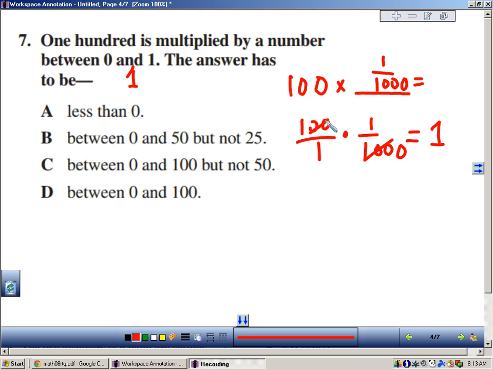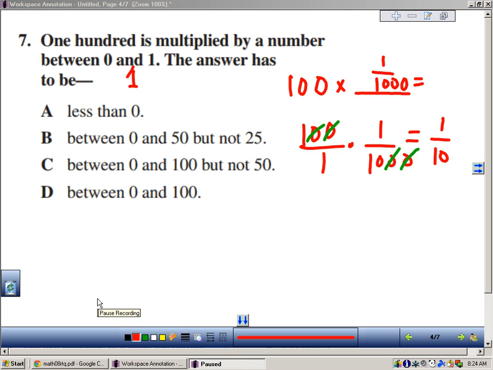We'd end up with 1 over 1,000, so cross out these zeros and we'd end up with 1 over 10. And 1 over 10 is smaller than 1. Okay? And so if I multiply by 1 over 10,000, it would be 1 over 100. And so it looks like this is getting closer and closer to 0.